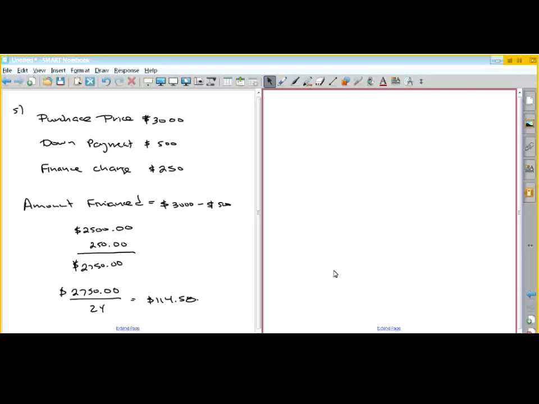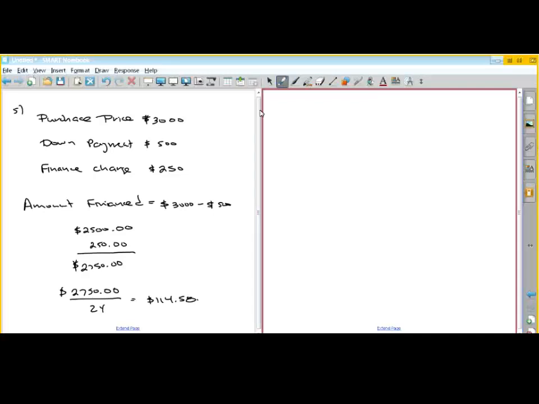So that's kind of what they're doing. They are adding all the interests together. All of the principal payments add up to the amount financed. The sum of those two is the total amount you pay. Your monthly payment is the total amount you pay divided by the number of months.